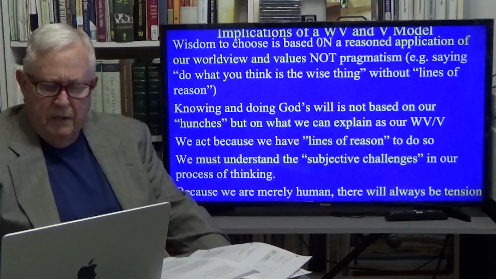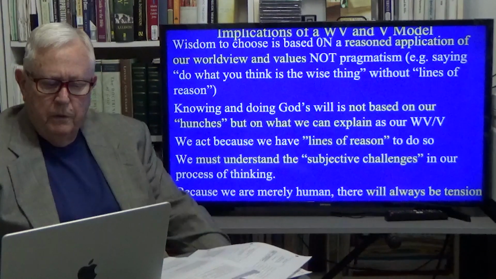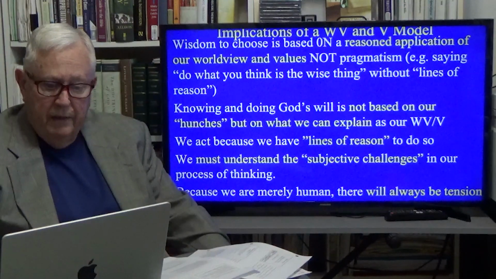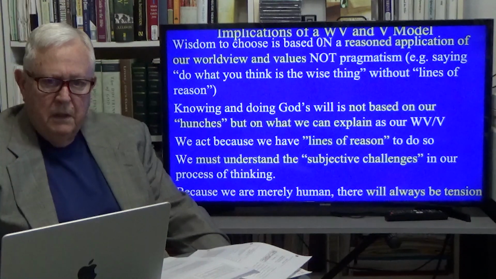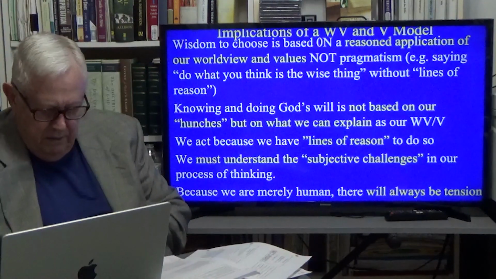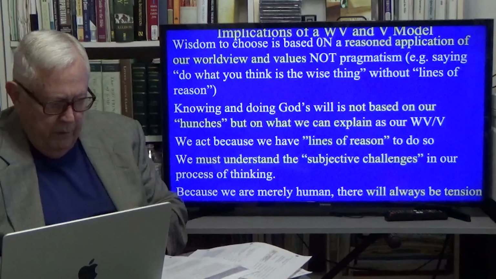We must understand the subjective challenges in our process of thinking, and we're going to open those up in section 3, after the next section. Because we are merely human, there will always be tension. We're never going to be completely confident or satisfied. That's just not the nature of life in the human realm.